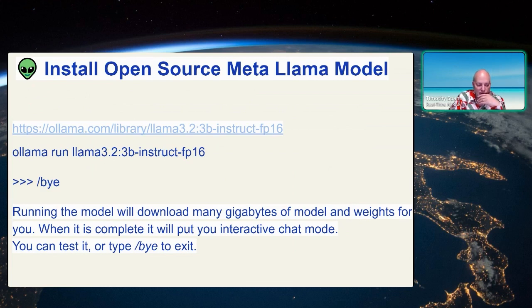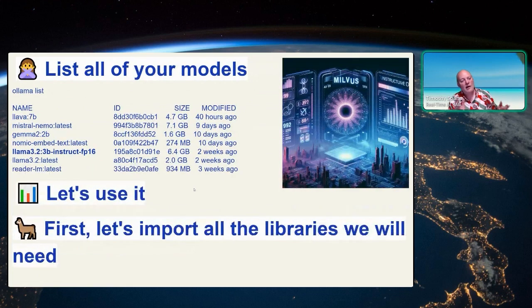When you run this the first time to test it, it's going to download gigabytes of models and weights. It takes a while, but once you're done, you're in interactive mode. You could try it out, make sure it works the way you want. If it doesn't, remove this one, try another one, and then type /bye to exit out of that interface.